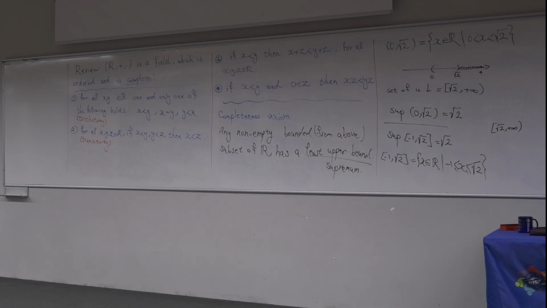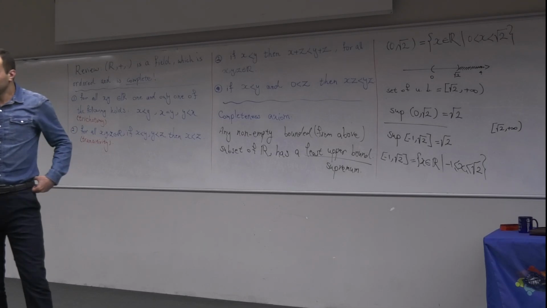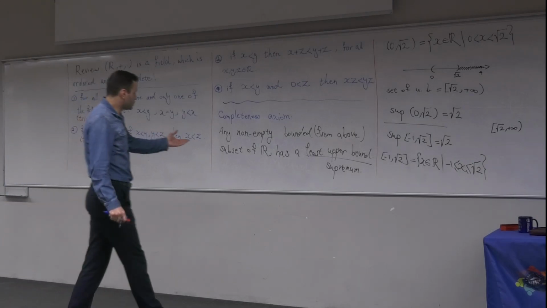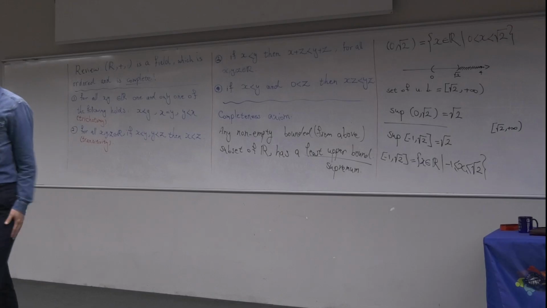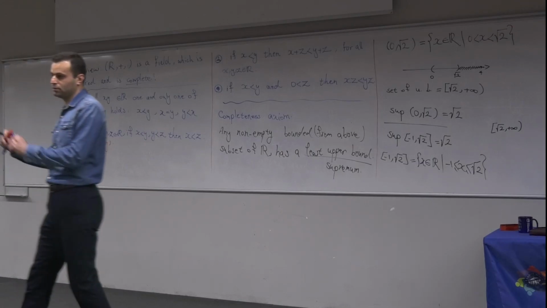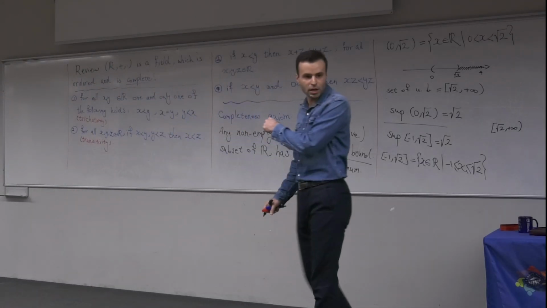So this is the whole case about these real numbers being a field, being an ordered field, and having this least upper bound property. Why are we very interested in this least upper bound property? It has many applications. As we go on we will see a lot of things that depend on this, okay?